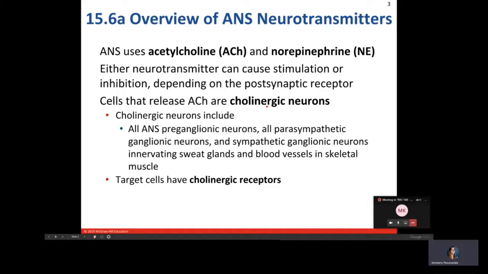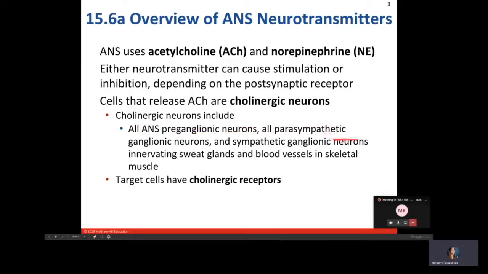All of our motor neurons in the somatic nervous system are cholinergic neurons, and so are all of the preganglionic neurons. Remember, the preganglionic neuron is the one that left the spinal cord and went to the ganglia. That first one, the myelinated one, is going to release acetylcholine, just like the lower motor neurons of our somatic nervous system.